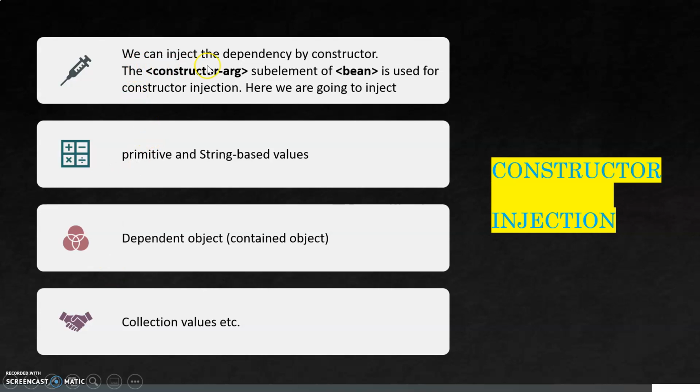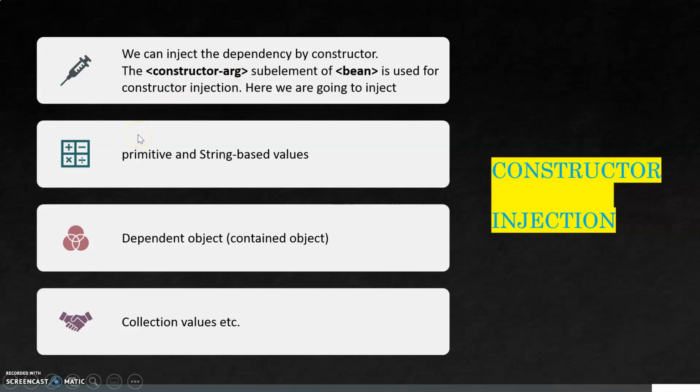Constructor injection injects the dependency through an element called constructor argument. We create an object in the Spring framework by using a bean, right? Similarly, through a constructor argument, we can pass values to the constructor from the XML file.